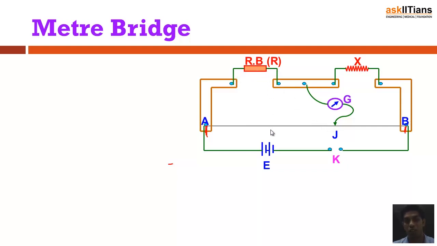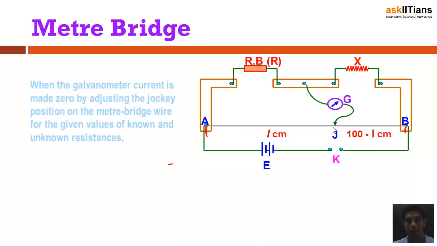So the ratio of these two will be equal to the ratio of the resistances of these two resistors. We know that this wire is of length 1 meter. We can also measure the length of AG, and the leftover will be 1 minus this length. So as I said, if it's L centimeter, it will be 100 minus L centimeter.